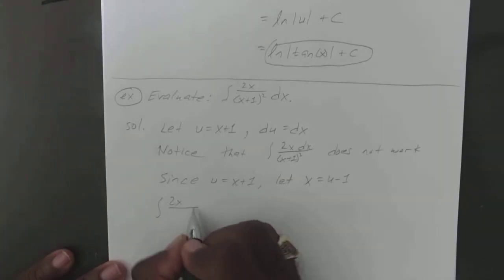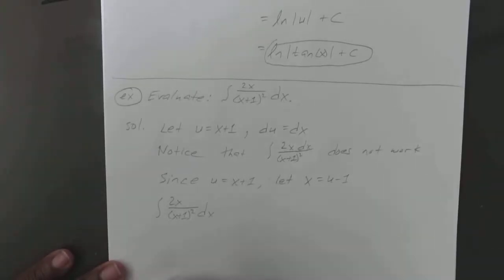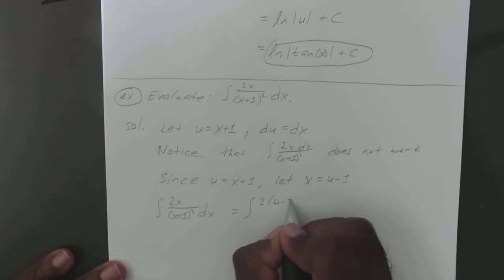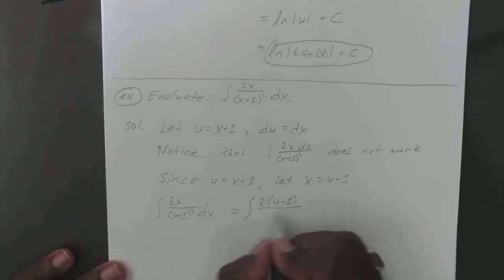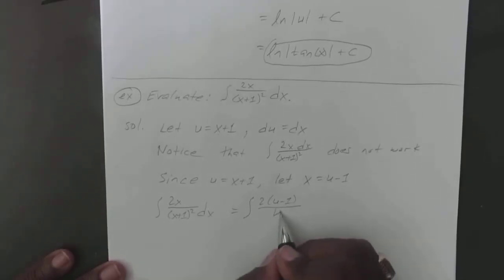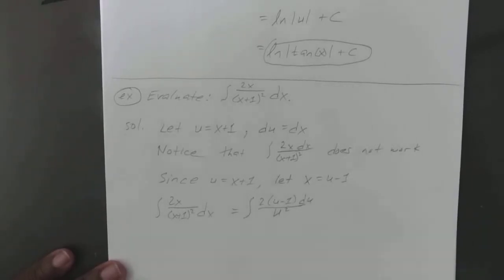Okay, so now we have the integral of 2x over x plus 1 squared dx can equal the integral of 2 times u minus 1. And remember, x plus 1 is our u. So that becomes u squared.